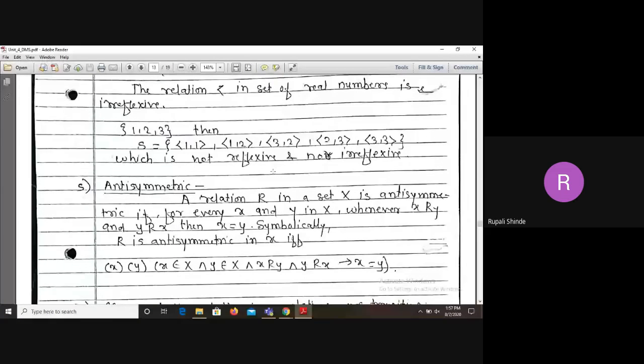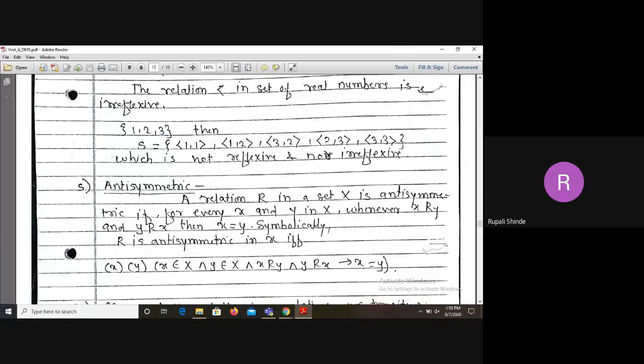Now the last property of a relation is antisymmetric. A relation R in set X is antisymmetric if for every x and y in X, whenever x is in relation R with y and y is in relation R with x, then x is equal to y. So what is the meaning of this antisymmetric property?